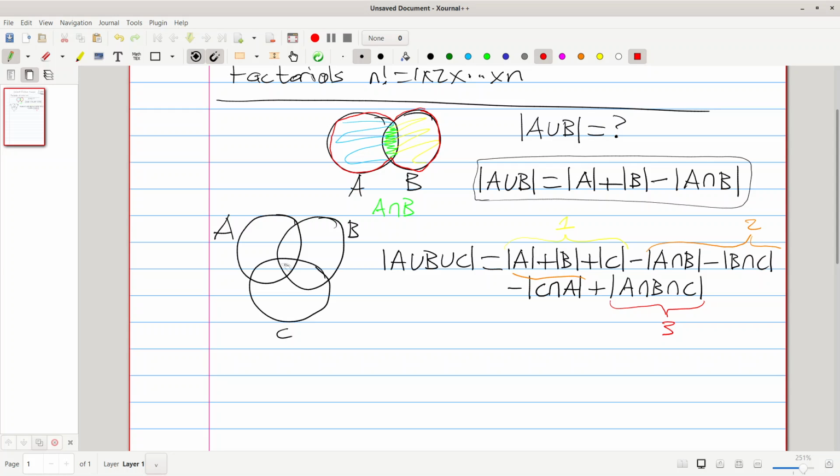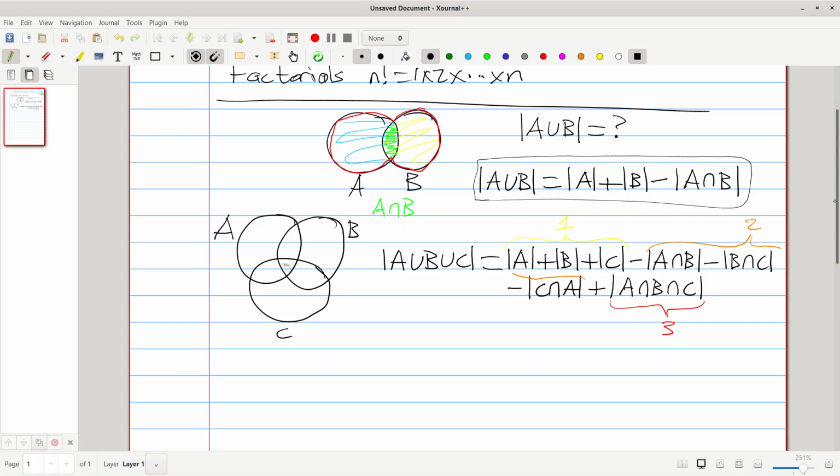So it goes plus, minus, until you get to the intersection of all of whatever number of sets you have. And that starts from 1 set at a time, then minus taking 2 sets at a time, so you have to take all combinations of 2 sets at a time, then plus all combinations of 3 sets at a time, and so on.